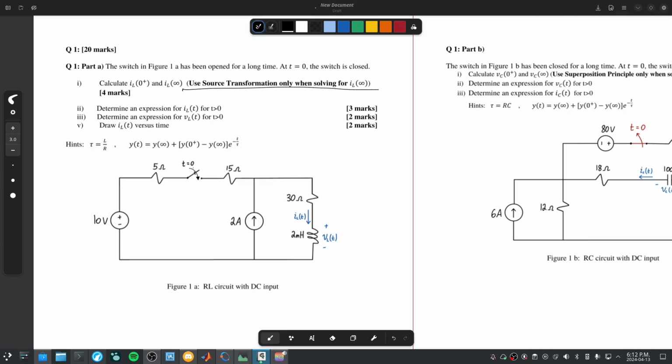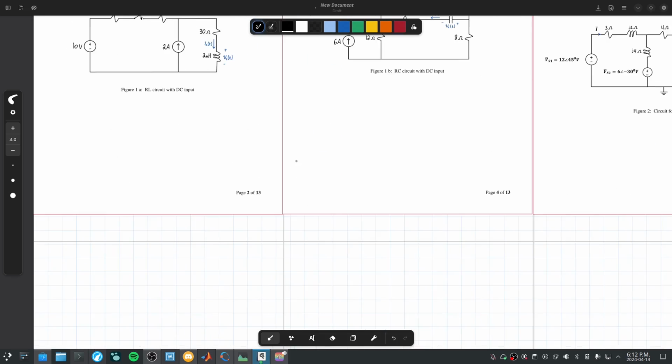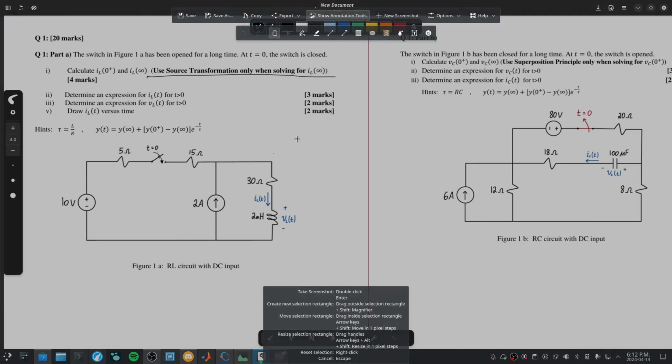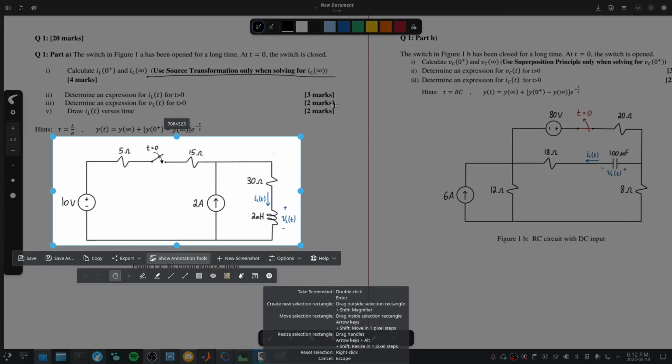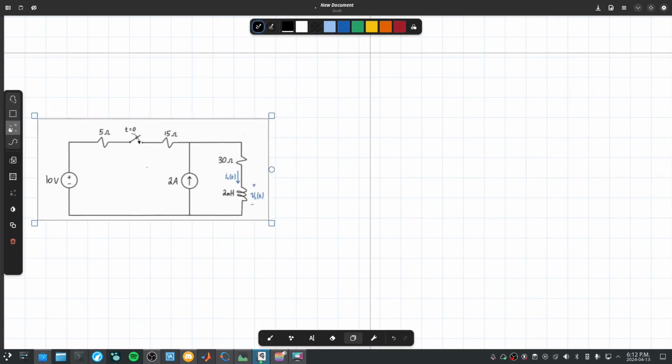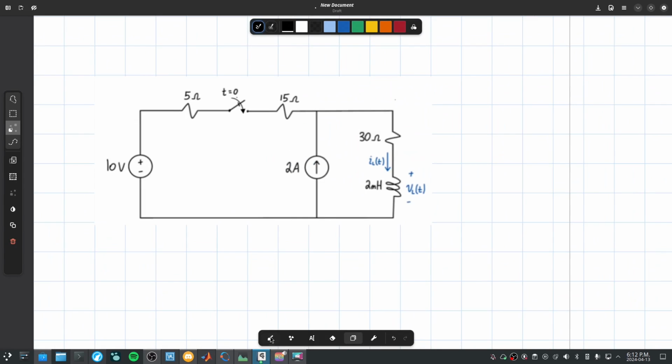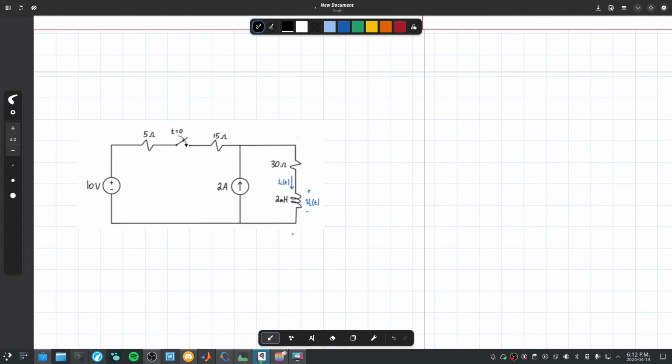So, the first thing we want to do, let's rewrite this. Let's take this down here. So what happens when time is equal to 0? Well, actually, the first thing that... Oh, wait.